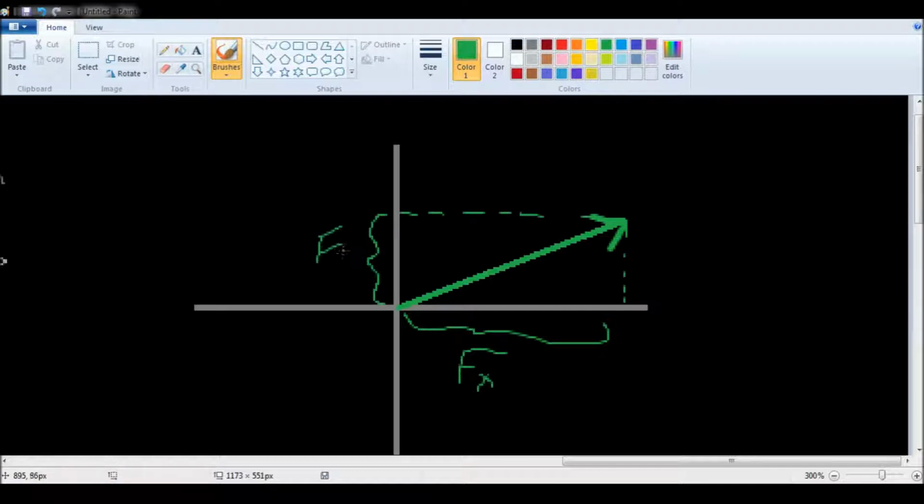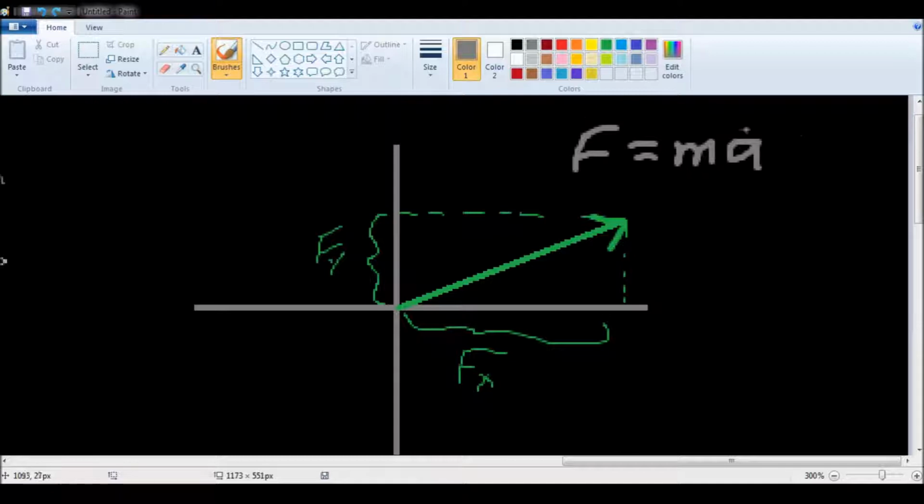Because we can now put this into our equation, or not our equation, Newton's equation of F equals ma. And I'm writing this without the vector notation because we're going to be using our components, which are non-vector quantities.